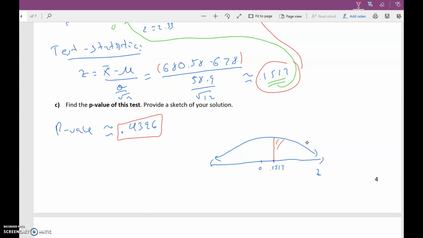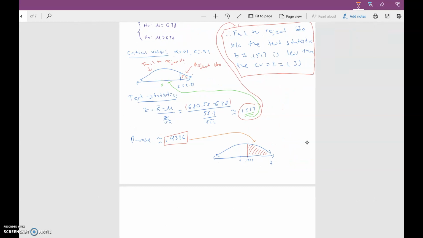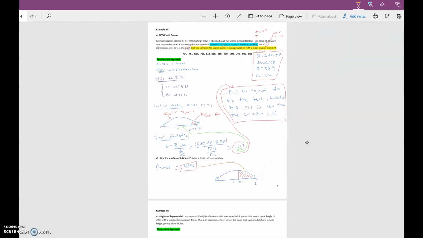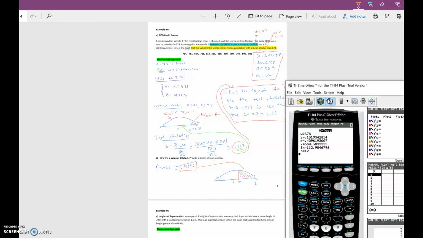The area to the right happens to be your p-value. We call the area to the right of the sample statistic the p-value, which is given automatically here as 0.4396.